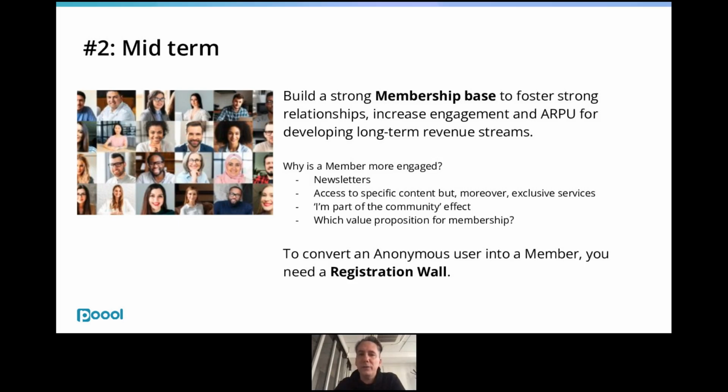You get, therefore, better average revenue per user. You can get opt-in so that you can generate leads for your clients and for yourself. And you can sell members many other things than content. You can sell them products, services. So membership is key. And last but not least, having first-party data, other types of identifiers that you can leverage to monetize your inventory, with partners like ZeroTap, for example.